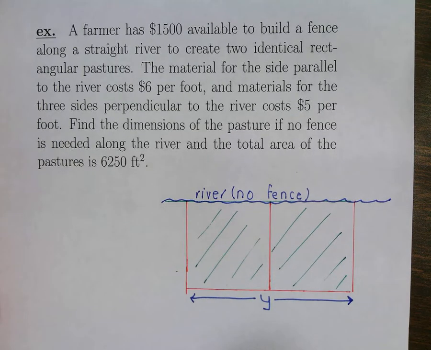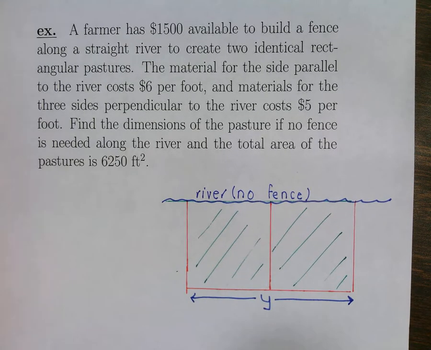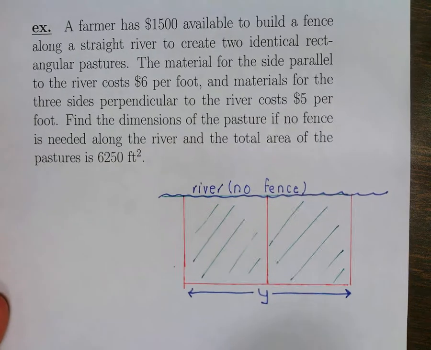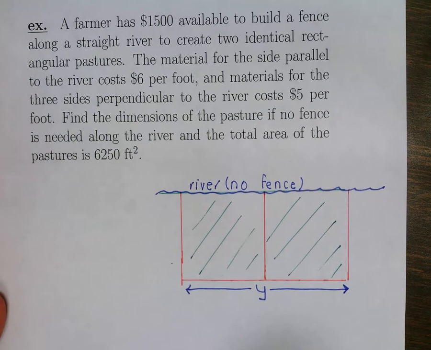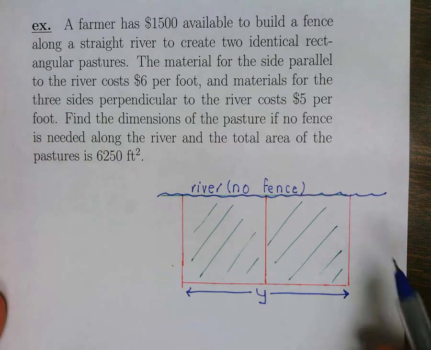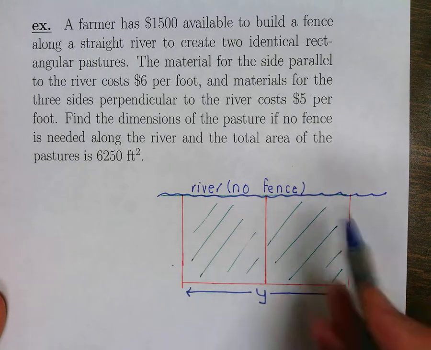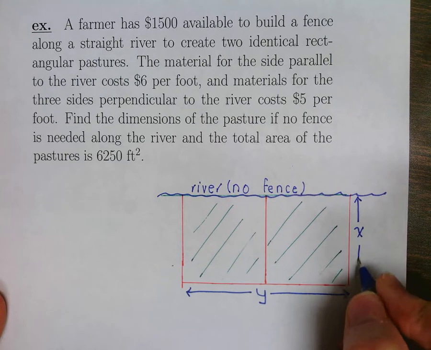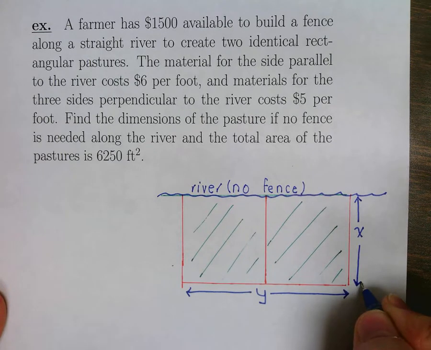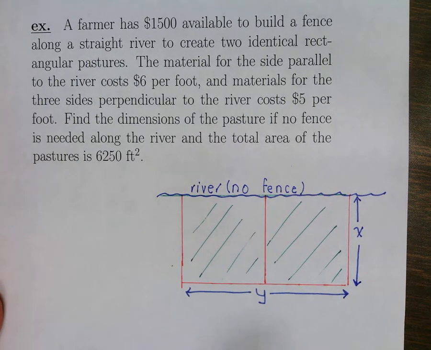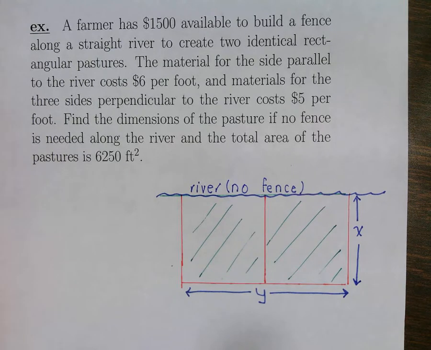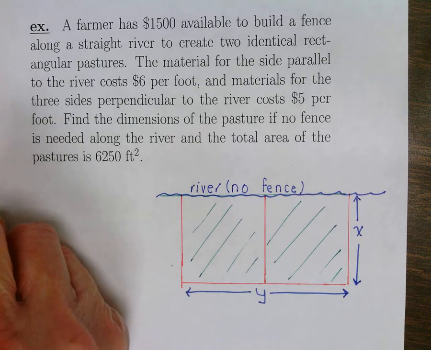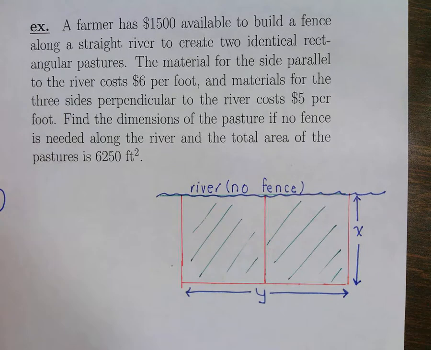For no good reason, well, a little bit of a good reason, I chose y for that distance. And then the materials for the three sides perpendicular, I'm going to call this distance x. And those are my two variables. So now the first thing I have to come up with are two equations relating x and y.